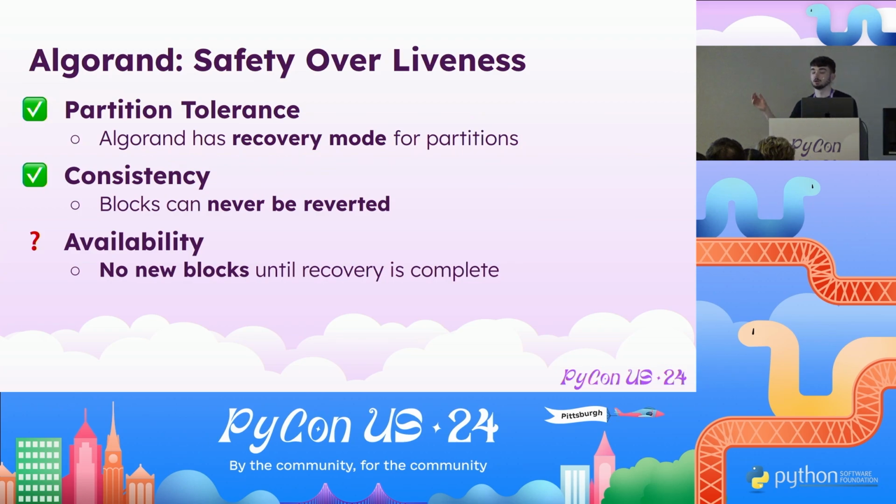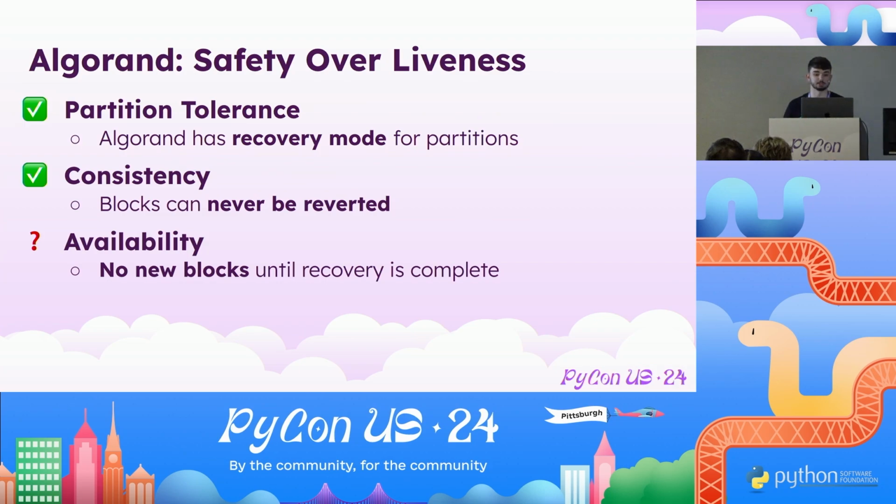On Algorand, we've made the inverse decision. We've chosen safety over liveness. So our network is partition tolerant. We have a specific recovery mode in case too much of the network goes offline. But importantly, we're consistent. Our blocks can never be reverted. Once you have confirmation that the block has been added to the chain, it's never going to be reverted.